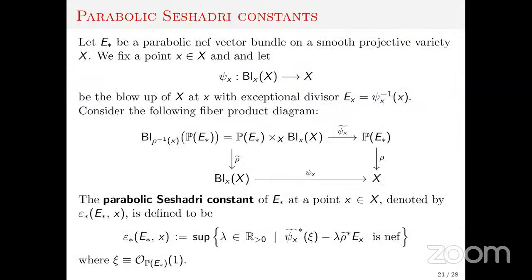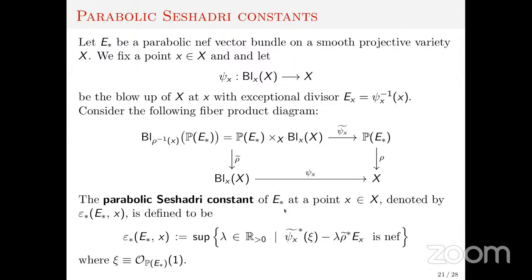Taking a cue from the case of vector bundles, we define the parabolic Seshadri constant for parabolic naive vector bundles. We consider this P of E star over X with this projection map, and we blow up at a point x and consider the fiber product, which is nothing but the blow up of P of E star along the fibers over x.